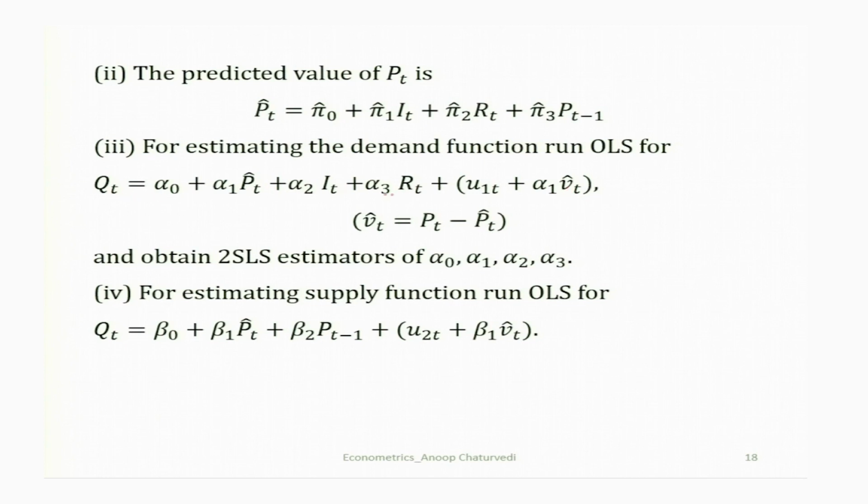If we simply run OLS here, you get the 2SLS estimators for alpha_0, alpha_1 and alpha_2, of course alpha_3 also. Further, for estimating the supply function, in the supply function we replace P_t by its predicted value, and then we run a simple OLS regression, and we estimate beta_0, beta_1, beta_2.